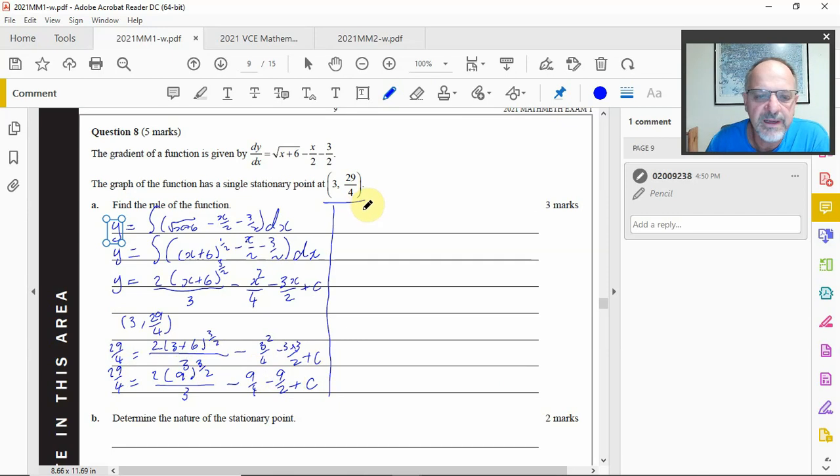I'm glad I put that line there. 29/4 equals, all right, so 9 to the 3/2. There's a few different ways you can think about that. That's 9 to the half, to the 3, which is 3 to the 3, which is 27, times the 2 that's there, so 54 on 3. Nice numbers they've chosen for us here.